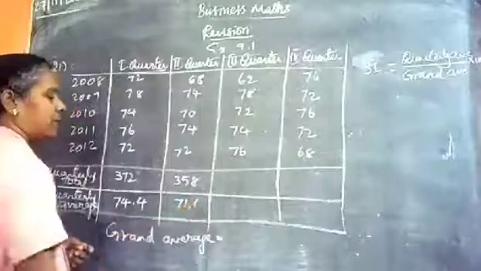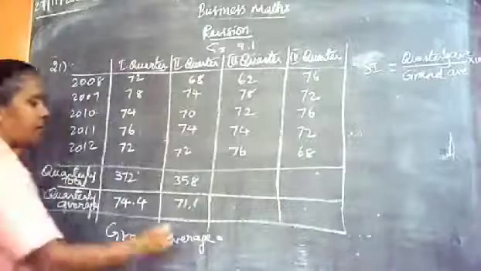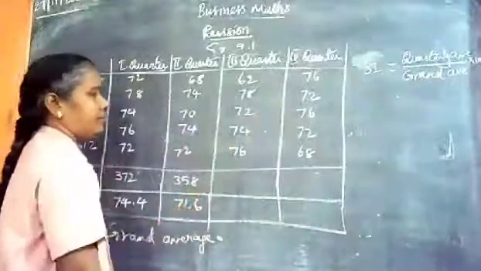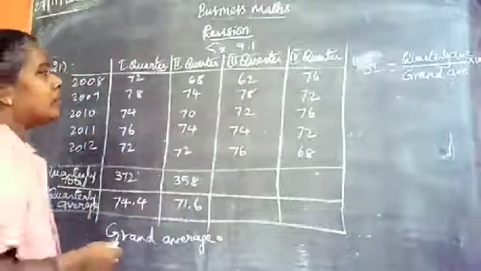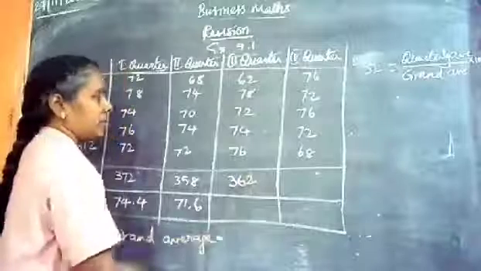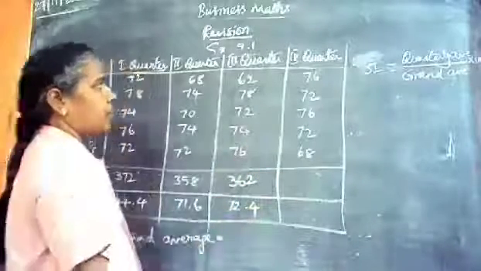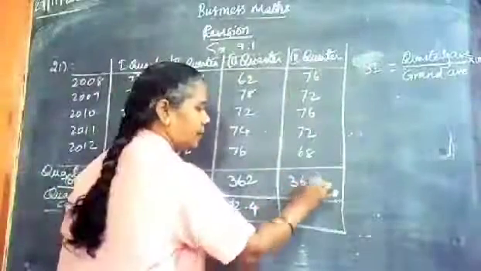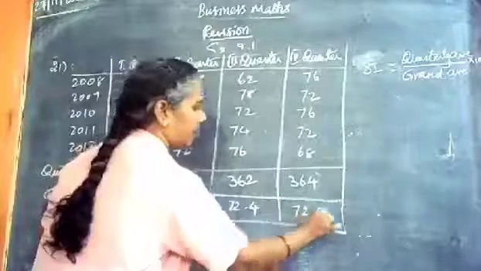Are you getting 71.6? Yes, miss. Third quarter total is 362, divided by 5, 72.4. The fourth quarter total is 364, and 72.8. That's all.